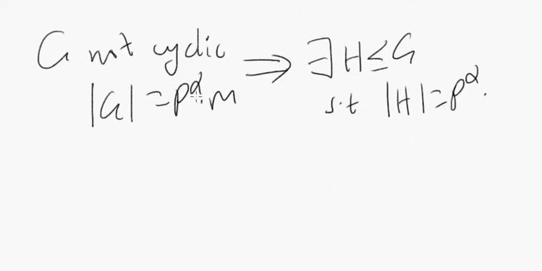So the tactic we've been trying to pursue so far, we're not sure if it's going to work or not, but it's turning out not to be too easy to prove this.